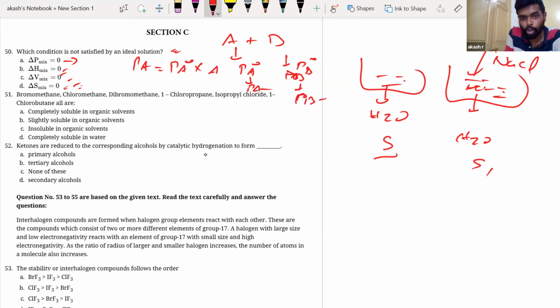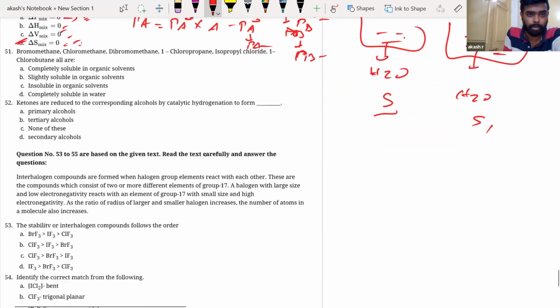So if you take the overall sum before and after mixing, it will become 0. That's what they mean by delta P mix is 0. So what is not satisfied is delta S mix is 0. Entropy cannot be 0 because you're adding something more, and there will be variations in the movements. Okay, next.